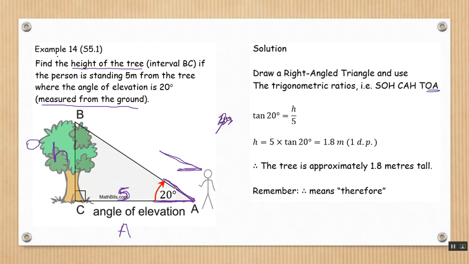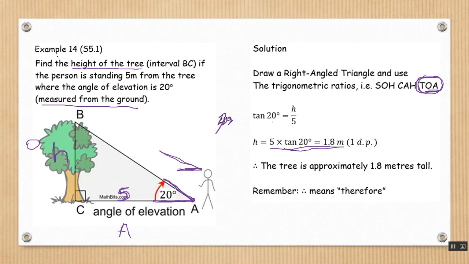So tan 20 degrees is opposite over adjacent. Tan 20 equals h over 5. Times both sides by 5 and do the calculation, and we get 1.8 meters.